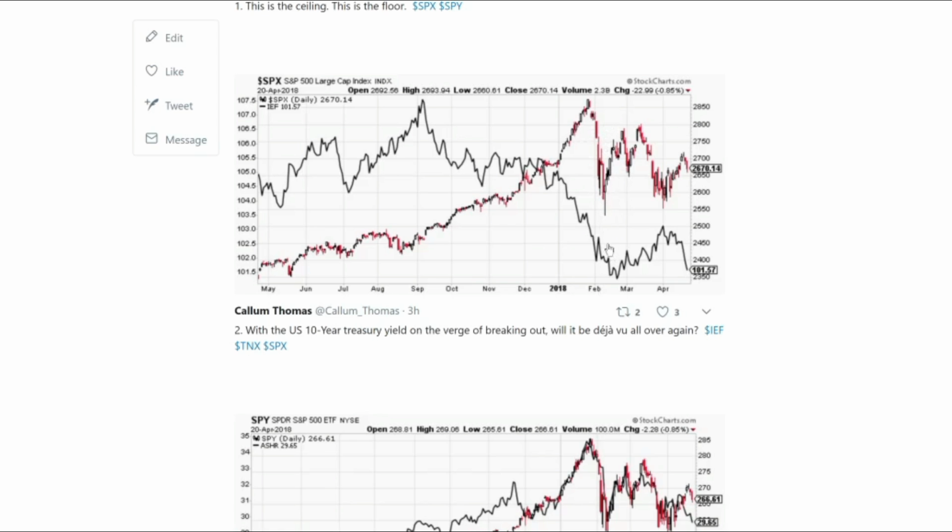By the time you got to early February and late January, there's this scenario where both bonds and stocks were selling off together, which for diversified portfolios is kind of the nightmare scenario in many ways.